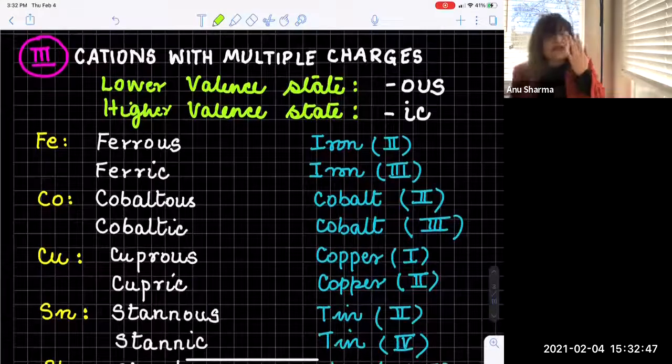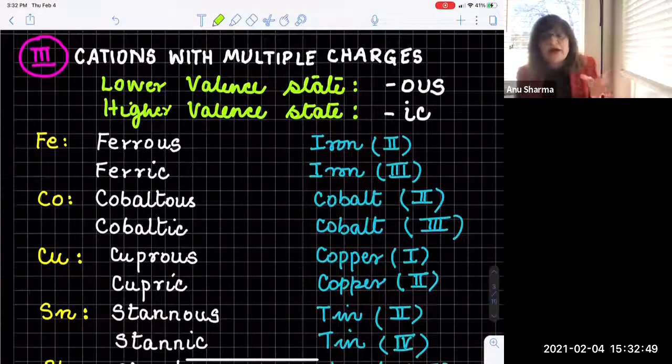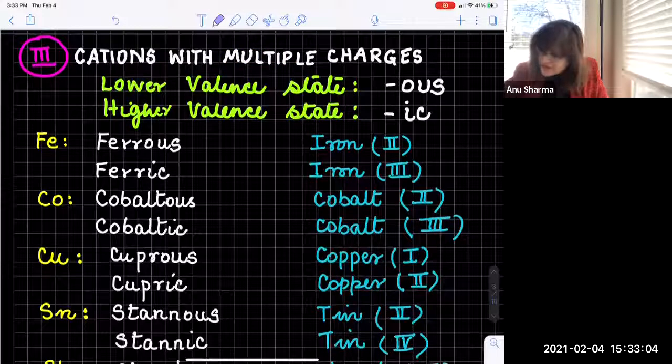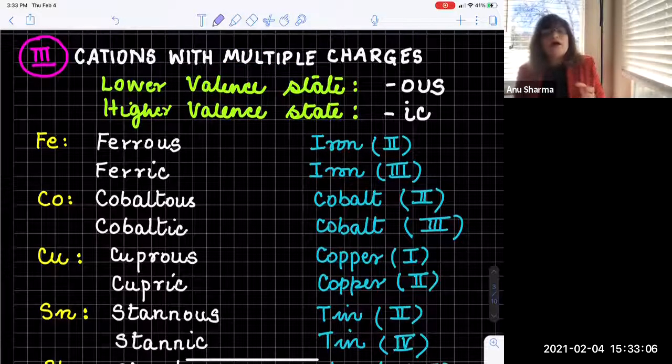Now these are the metals. Generally they are in the transition elements and the post-transition elements, the D block elements. Okay, so let's see. Let me do this in this color. Okay, ferrous. Now here, this is also the oxidation state, but let's call it valence state.